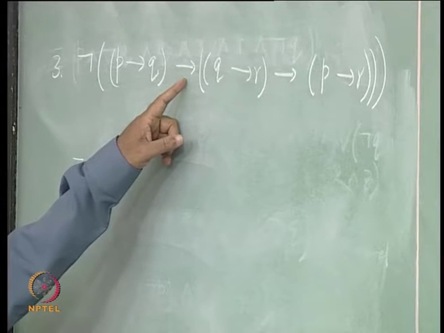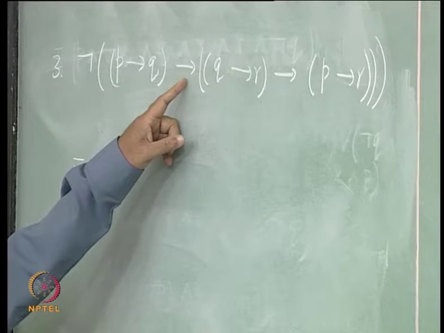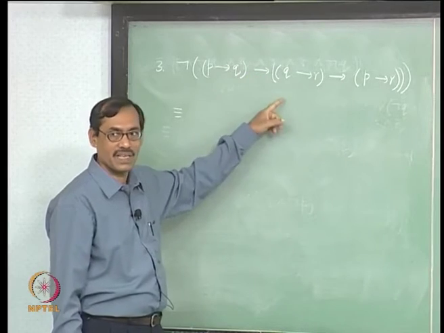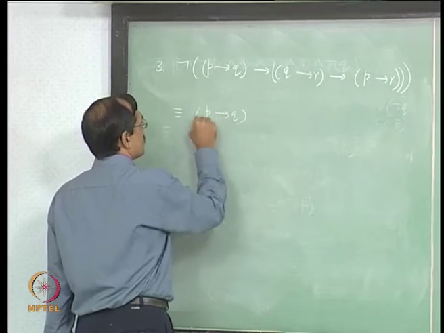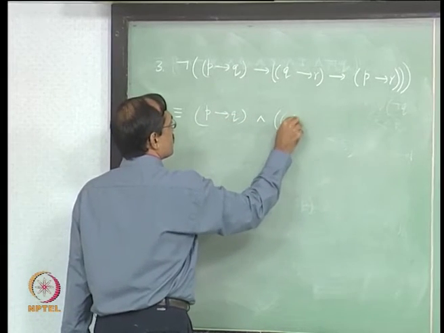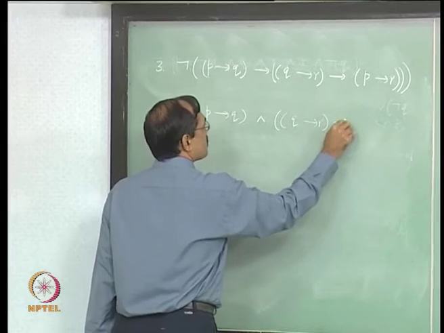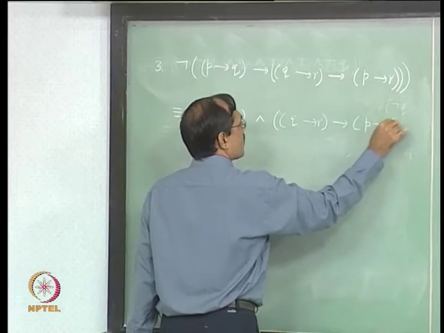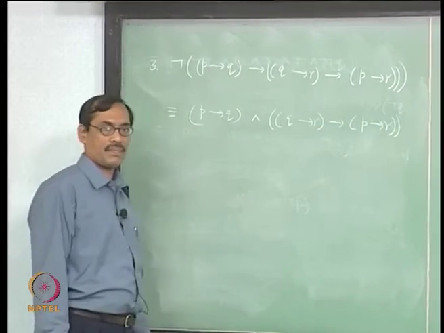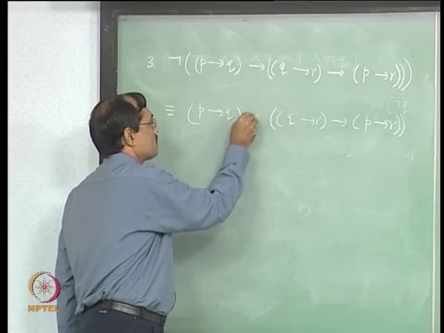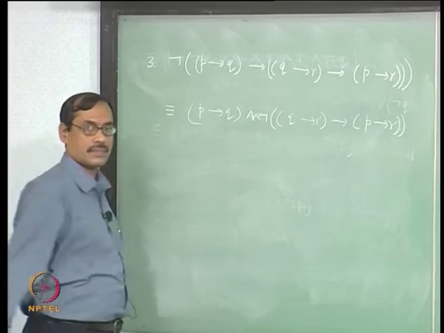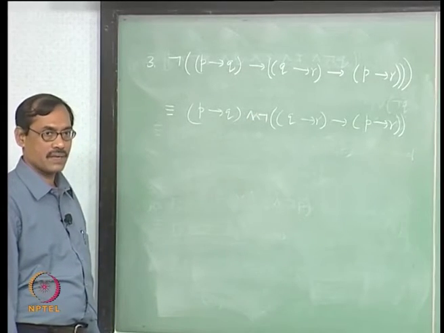So, you can straightforward use not of x implies y is equivalent to x and not y, right, instead of writing or and then applying De Morgan. So, this gives P implies Q and Q implies R implies P implies R. Okay. Its negation, right.